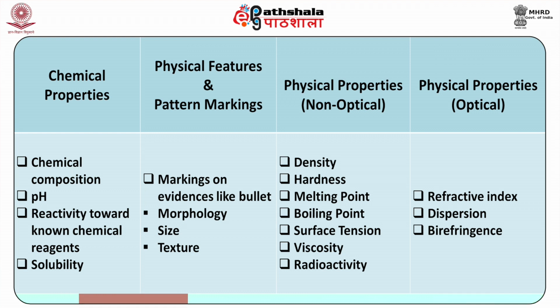Now the third block is of physical properties, non-optical. In this, the density, hardness, melting point, boiling point, surface tension, viscosity, radioactivity are written. Now in the last block, physical properties are optical. In this, the refractive index, dispersion, and birefringence are written.